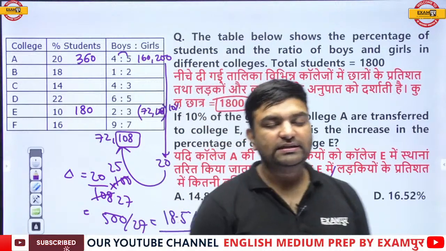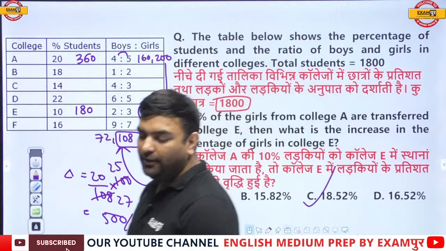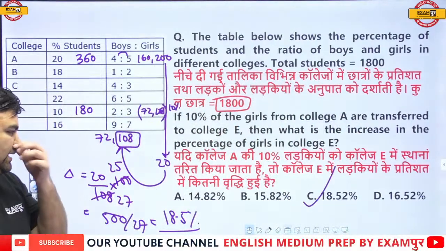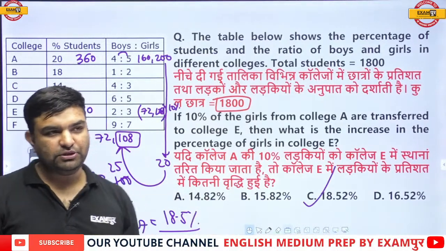An increment of 20 girls in a college of 108 is effectively giving you this much increment.